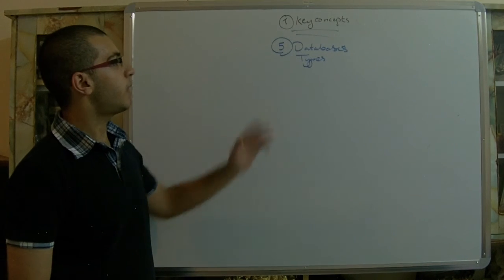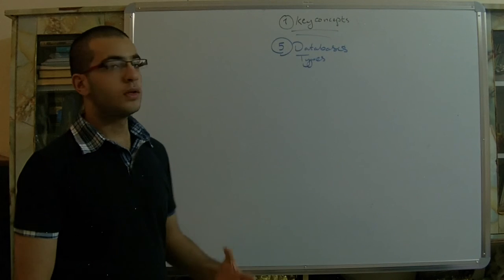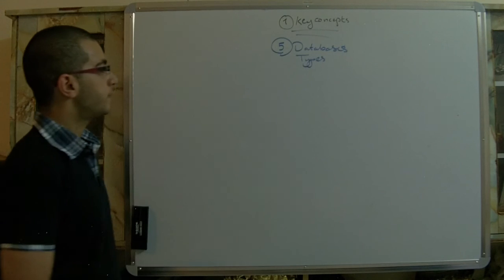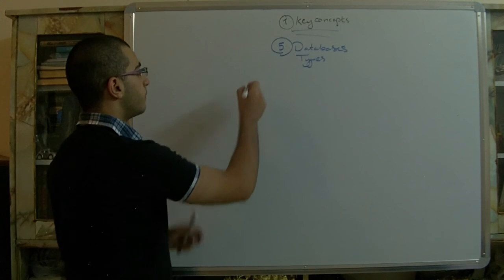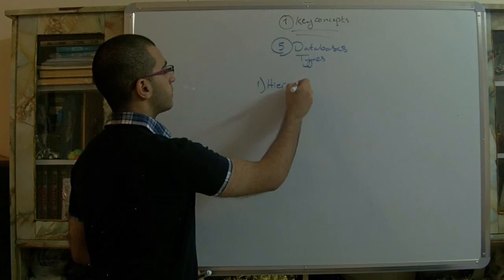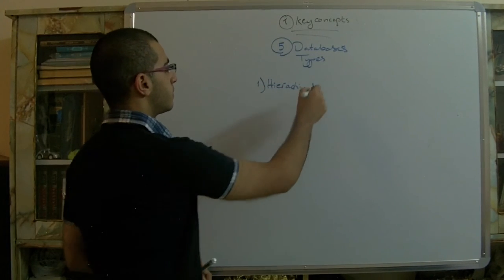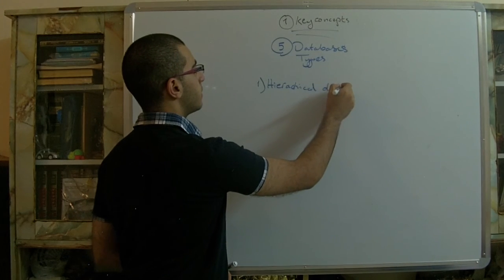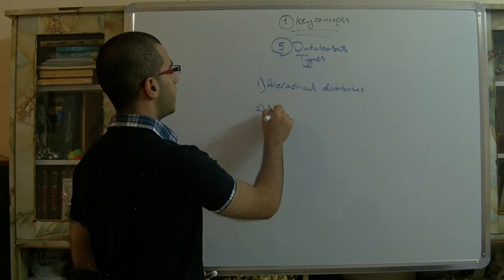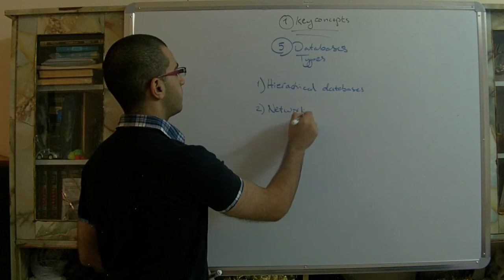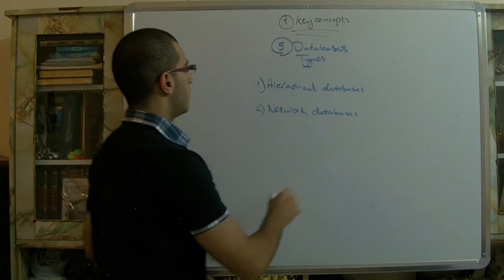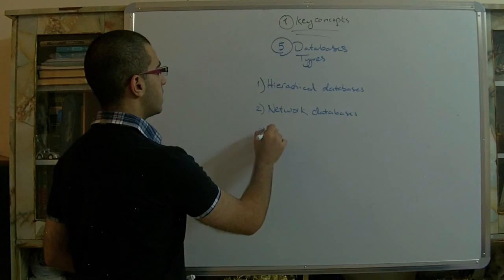The databases are classified according to the view with which they are viewed, so we have hierarchical databases, network databases, and relational databases.